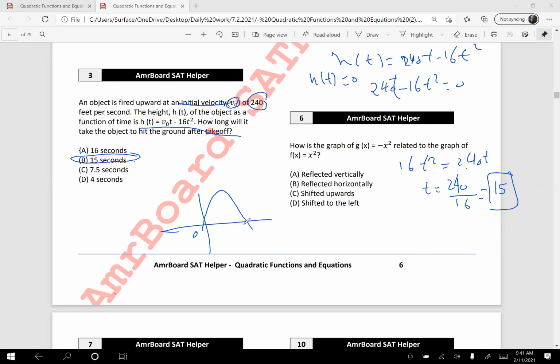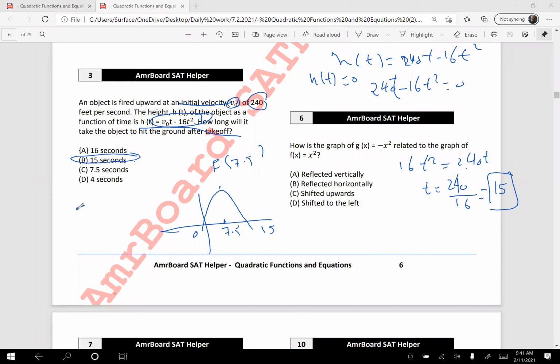So 0 and 15. If you find the value between them, 0 plus 15 over 2, 7.5. Can any one of you calculate f of 7.5 in this function?